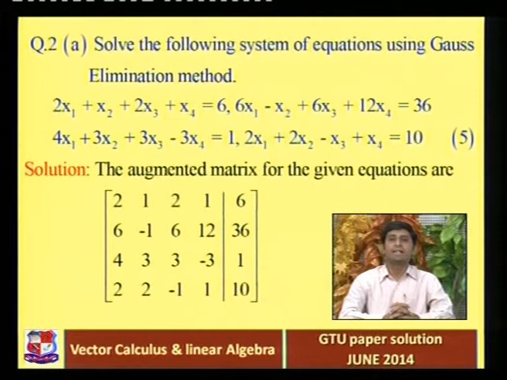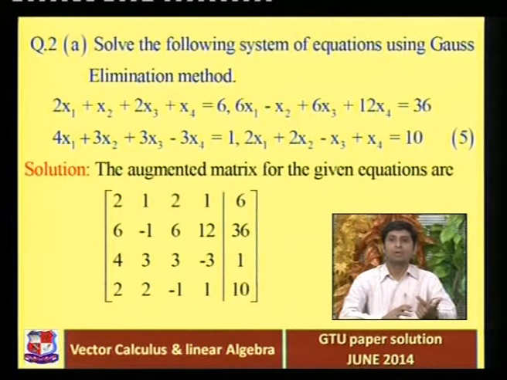The leading entry means the first non-zero element of a row. Below that leading entry, in that particular column, all the elements should be 0. That is our second condition. And the third condition is, whenever we go from above to below in the matrix, the leading entry always moves from left to right. If these 3 conditions are satisfied, then we can say our matrix is in row echelon form.